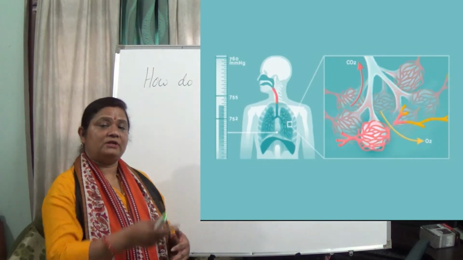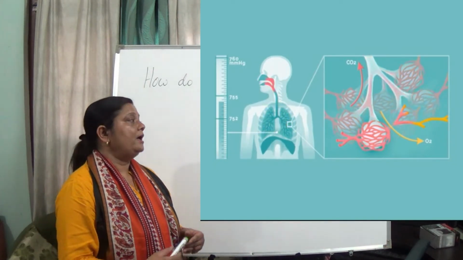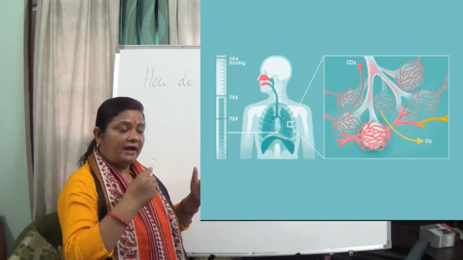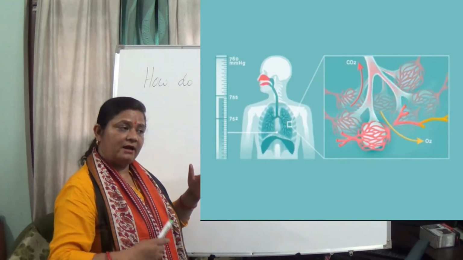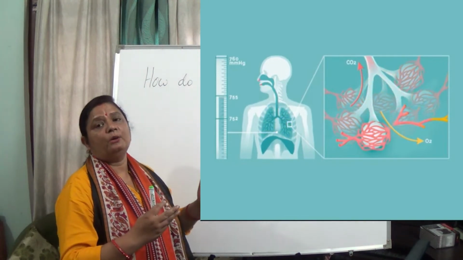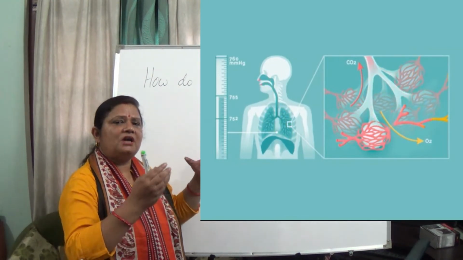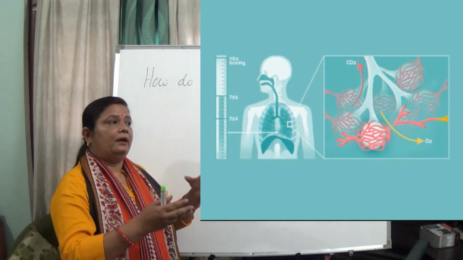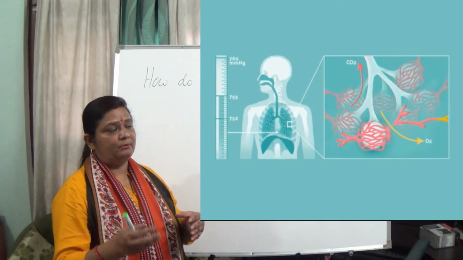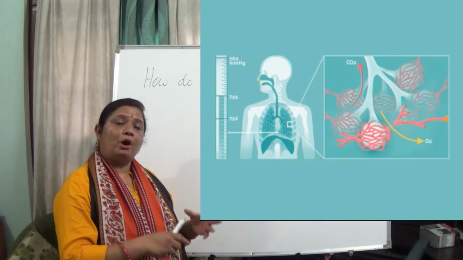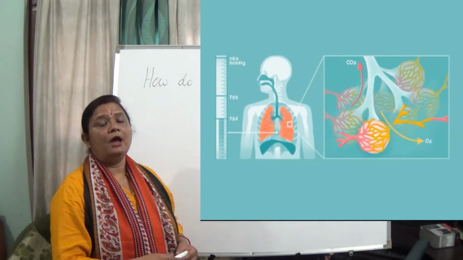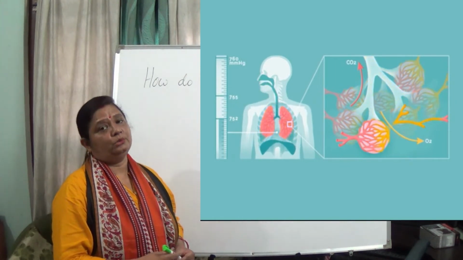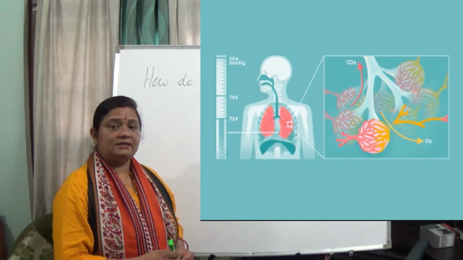When we inhale, the diaphragm shifts back and our ribs move forward, or outwards, so that a large amount of air can be accommodated, diffused, and given to the body cells in order to oxidize the food present in our cells. This is how the total respiration takes place.